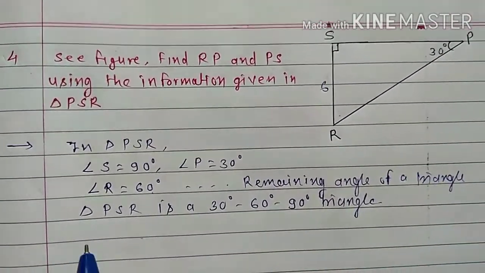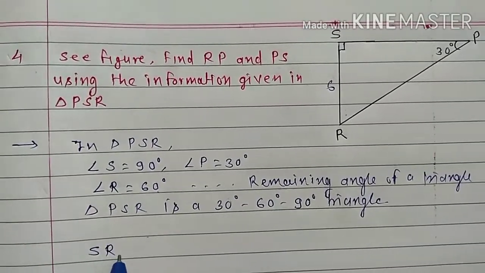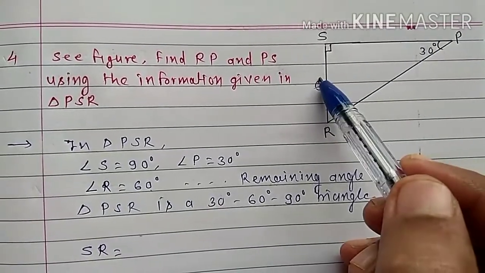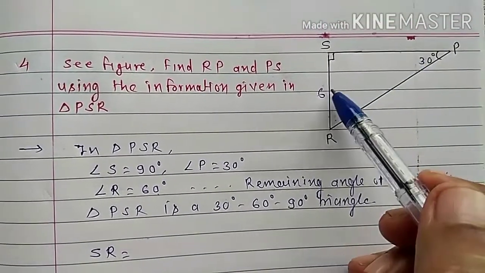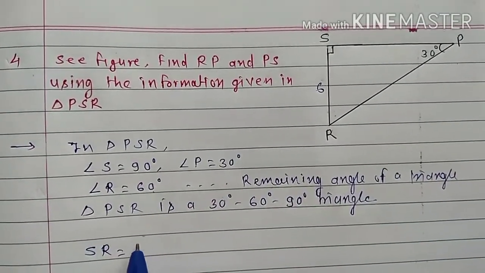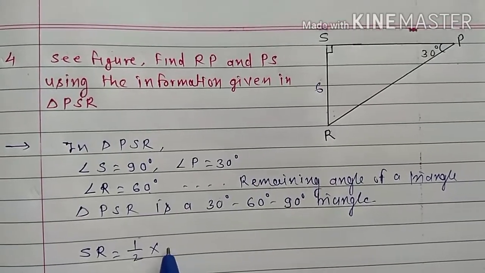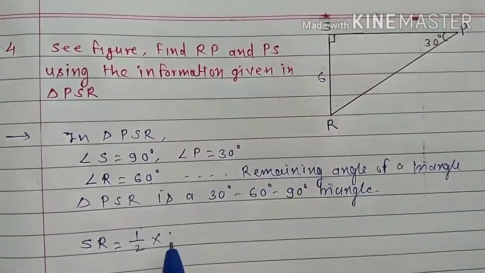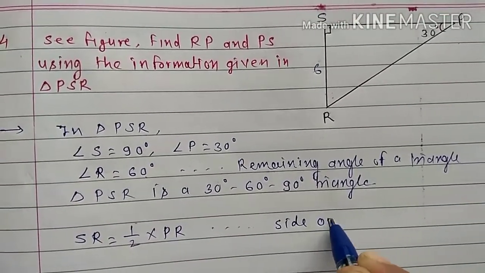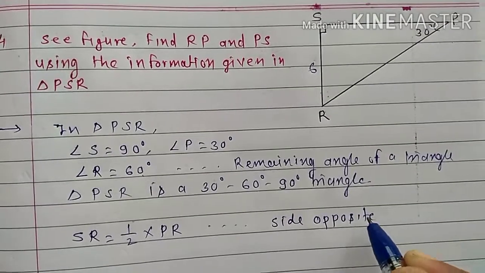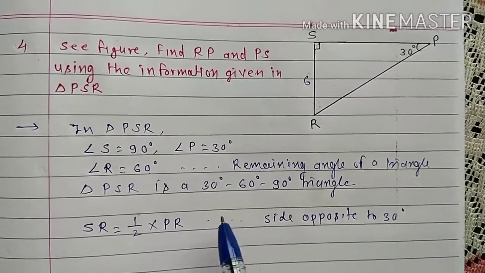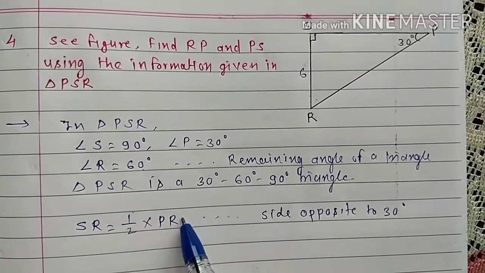So SR is the side opposite to 30. So we know that the side opposite to 30 degree is half of the hypotenuse.